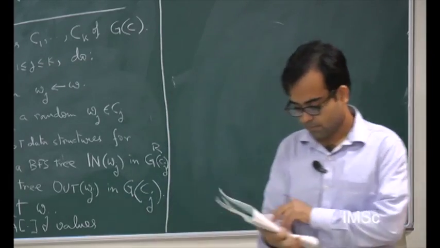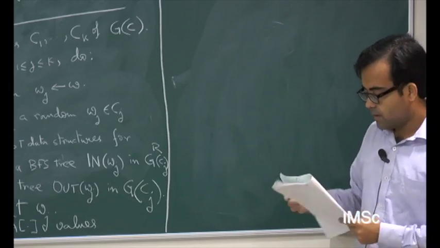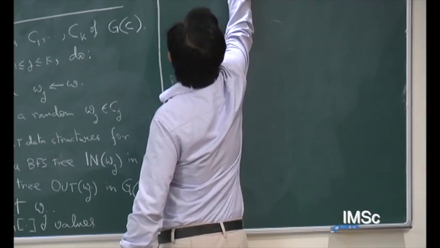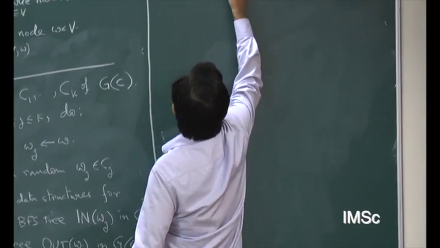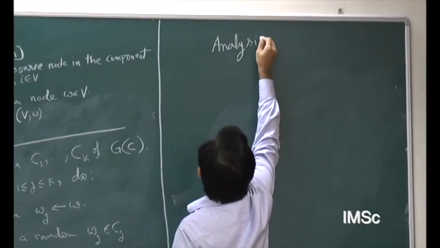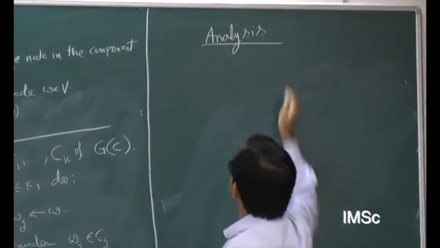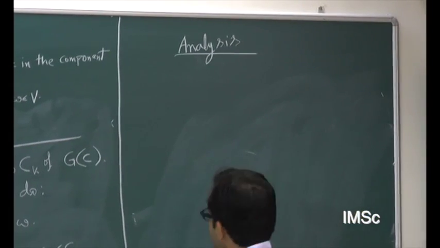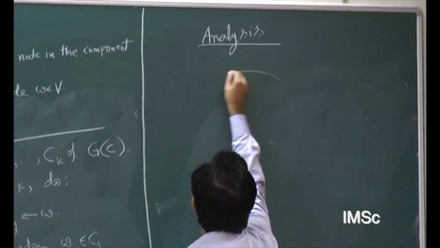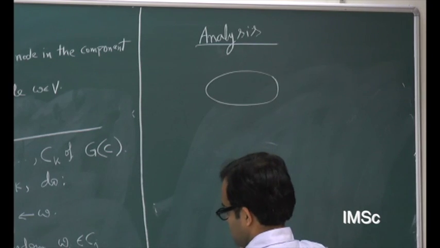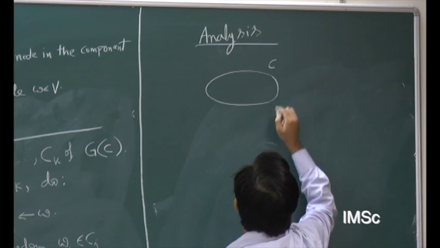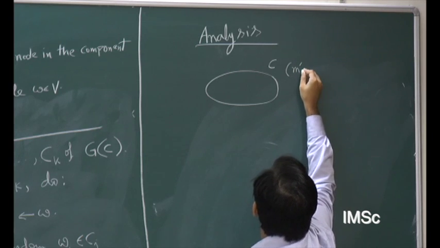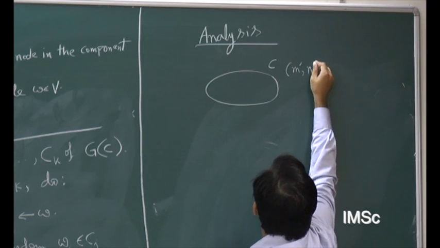Now, formal analysis. We saw the intuition, we saw the algorithm. What is the analysis? Let us look at this picture. This is some strongly connected component. It has m prime edges, n prime nodes.